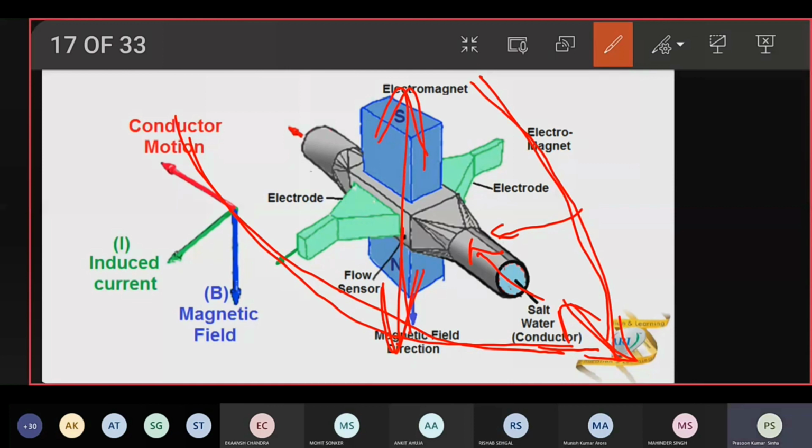Remember that the induced EMF also depends on the magnetic field strength. अगर वो change होगी तो EMF change होगा, which we don't want. We want a constant magnetic field. And so for that, we are using an electromagnet.